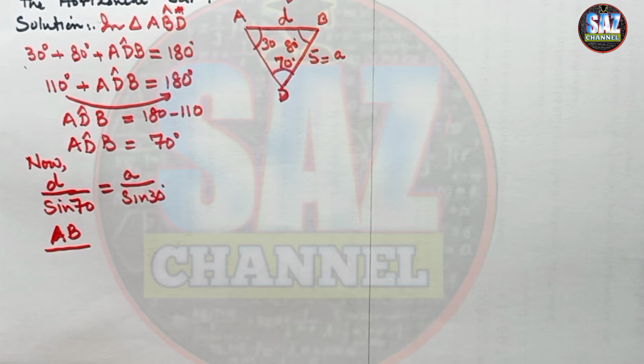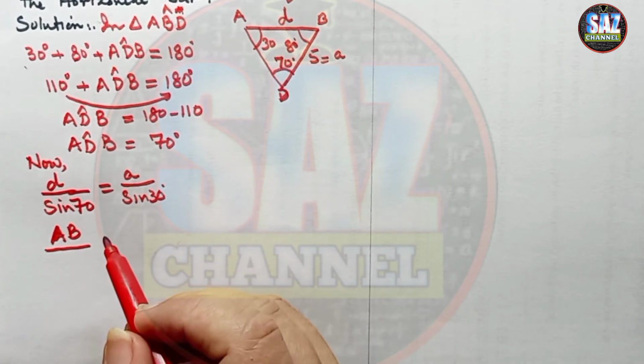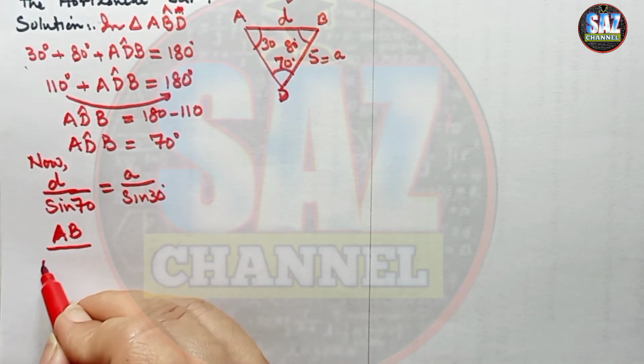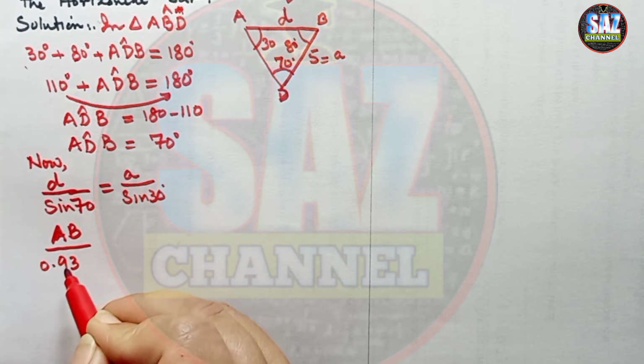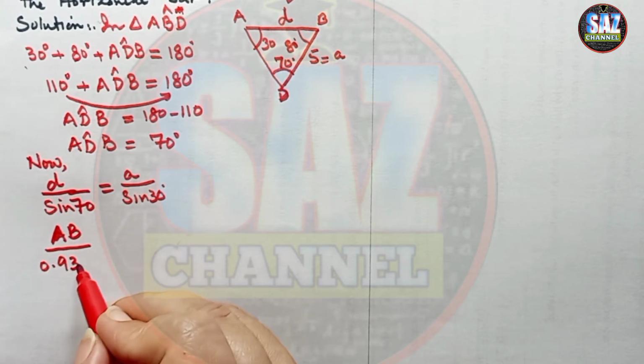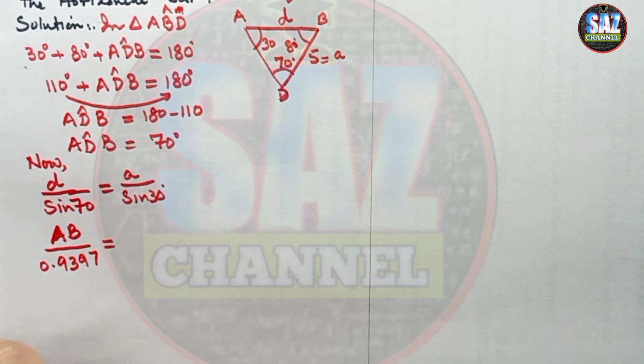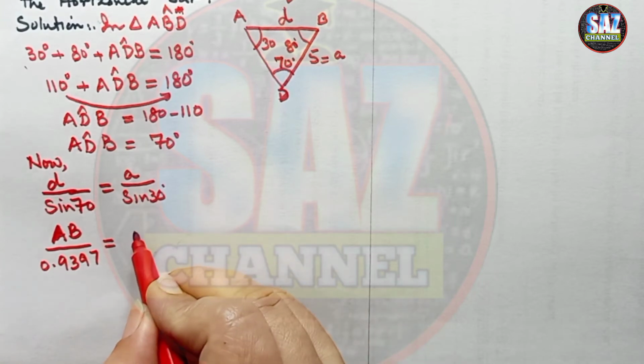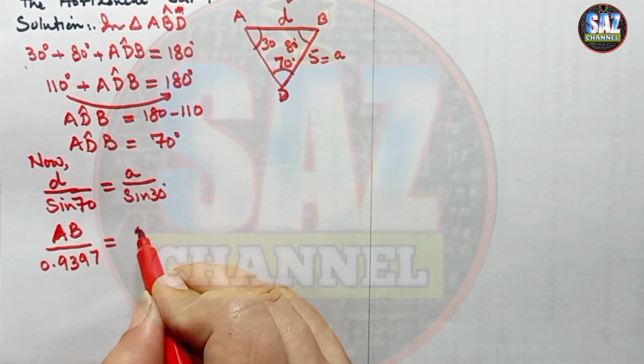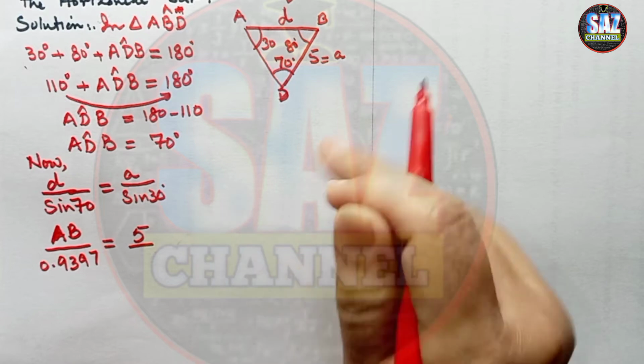Now D is unknown, that is AB, upon sine 70. Sine 70 has the value 0.9397, I'll make it 97 for the accuracy of calculation, and sine 30 degrees is 0.5, 1 by 2, and A has the value 5 in the question.